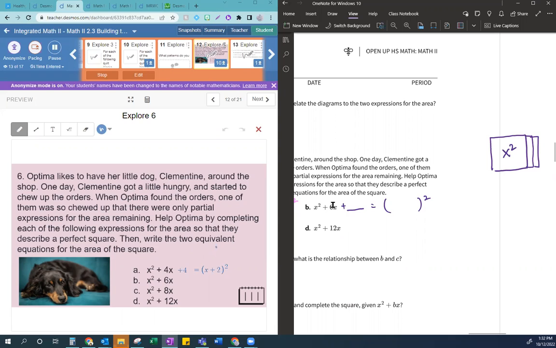Because altogether I have 6. I have 2 here. How many are going to go here? It can't be 2 and 2 because that's only 4. It needs to be a total of 6, right?